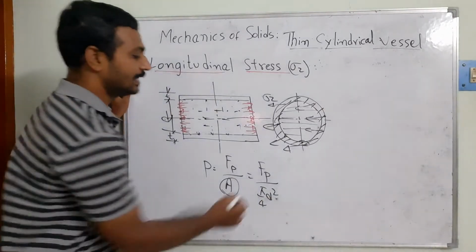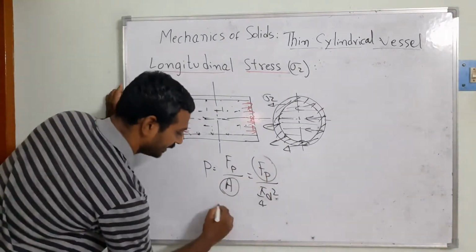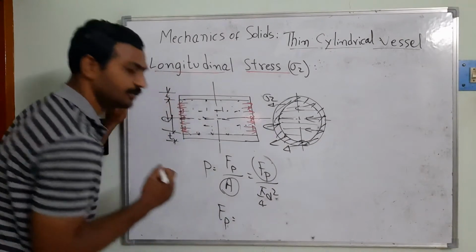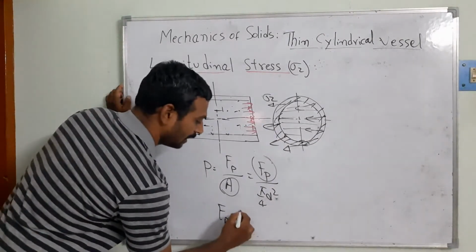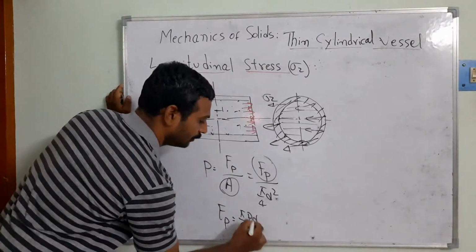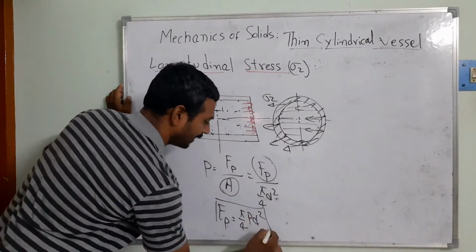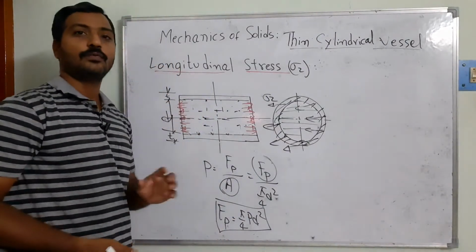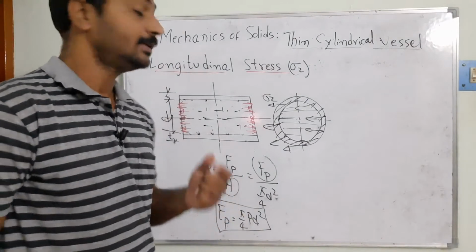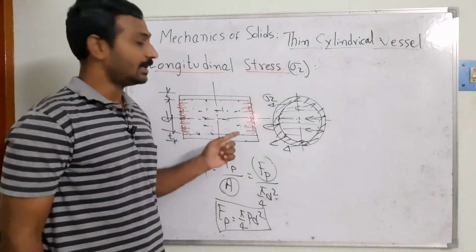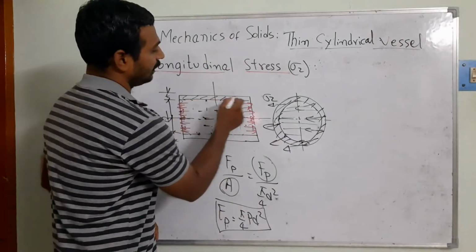The pressure force applied by the fluid is Fp equal to pi by 4 p into d square. This is the force acted by the fluid.